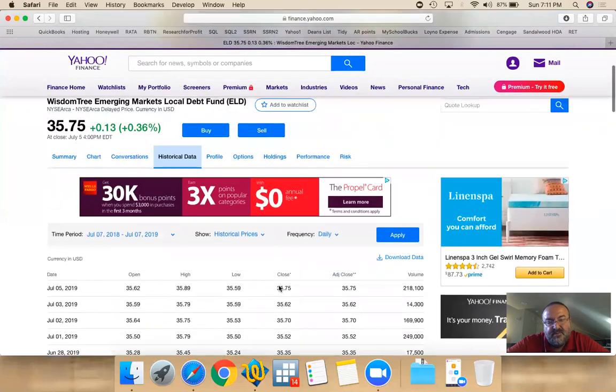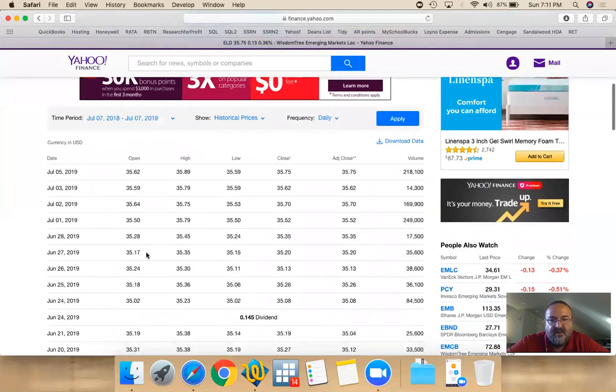So if you were to put aside $357, just 10 shares of this, then you're going to earn $1.45 every month for the rest of your life.